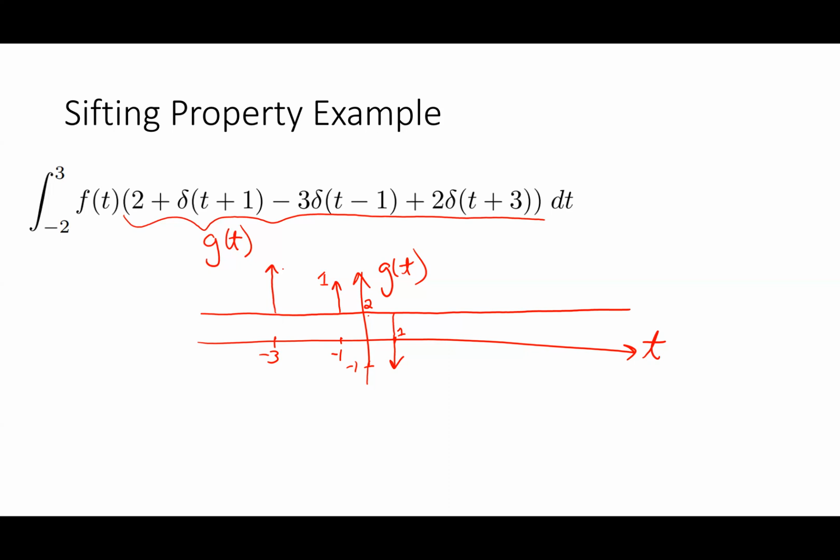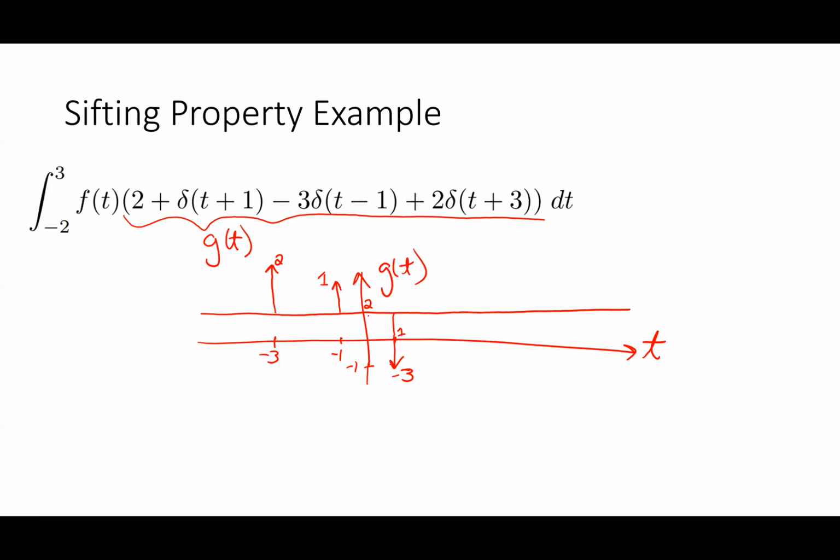The area under that impulse is 2, so this would be 2 plus 2 if I'm talking about the value there. And the area under this particular impulse is -3, which is what got it to be sitting at -1. So that's the way we express this. That is now my function here.